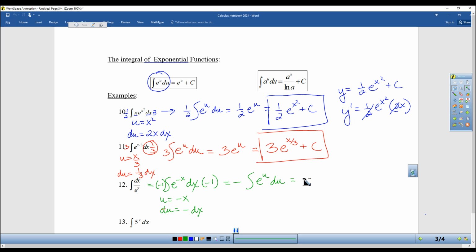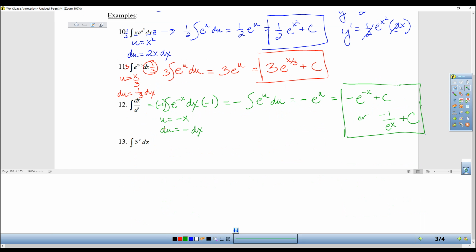Now I have the format that I'm looking for, and as much as it feels like you're not doing anything, the integral of e to the u is e to the u. Make sure you put your x's back in. And of course, you could write this as negative 1 over e to the x plus c. Always be familiar with different answers because your worksheets will have different ways of writing it, and you can't be bogged down by the fact that you can't understand it.